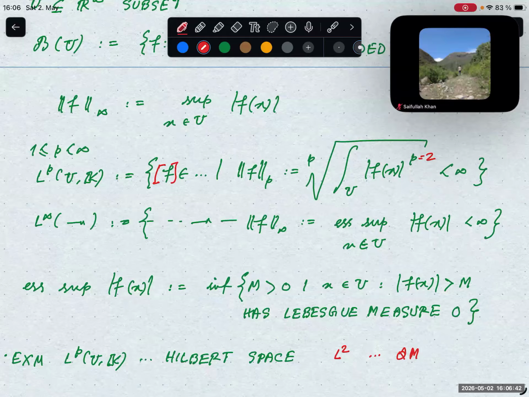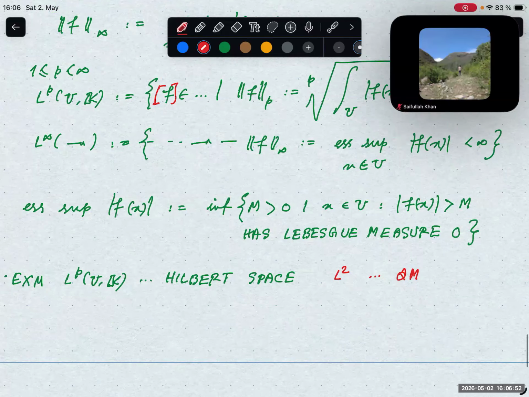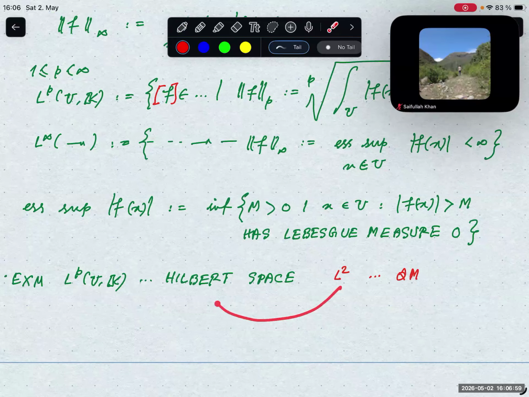Yeah, that's the probability conservation. Since we want probability conservation, which is a very natural thing physically, we need L2 space. So in quantum mechanics, usually we need L2 space, not the most general Hilbert space.